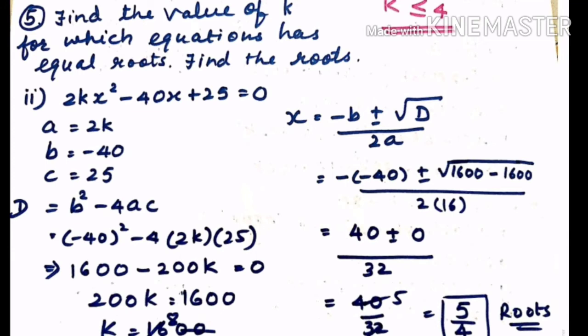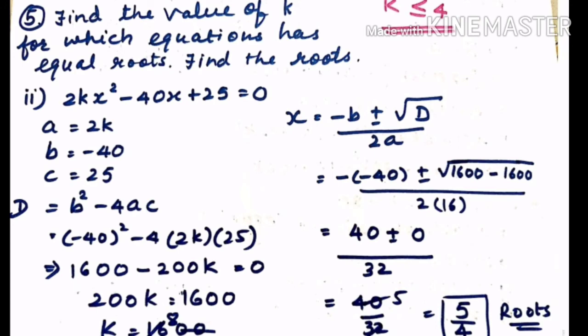Now students, you have to take care that we have to find the roots also here. So place our formula x is equal to minus b plus or minus under root b square minus 4ac by 2a. Now instead of b square minus 4ac in the square root sign, I put capital D, the discriminant. You can put it.